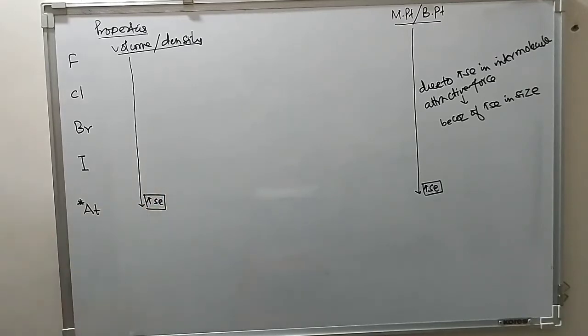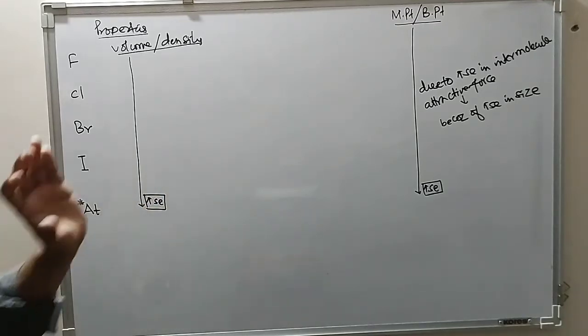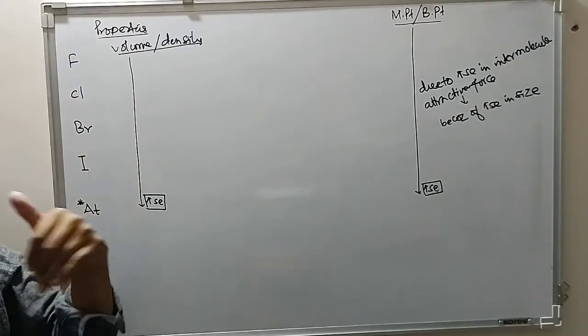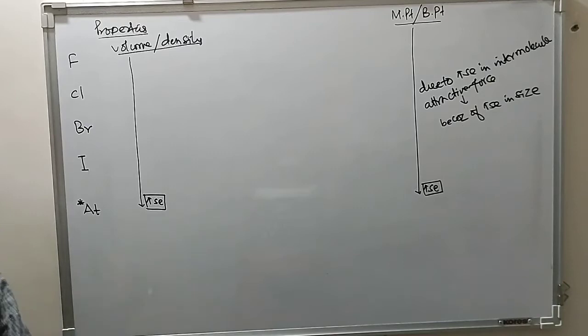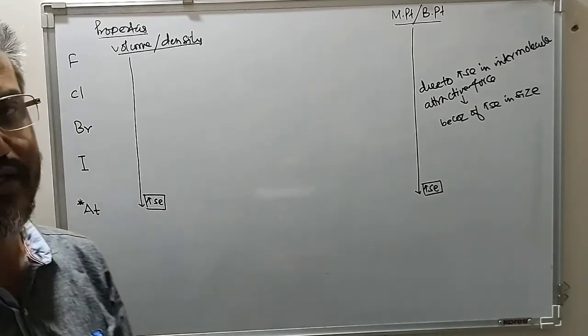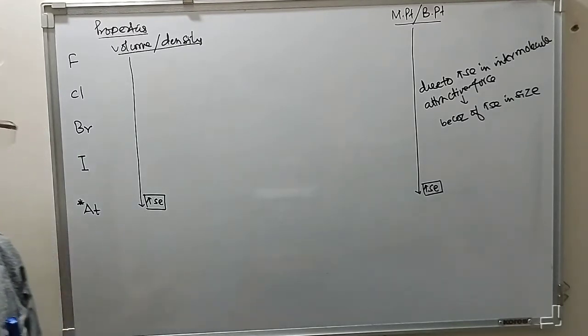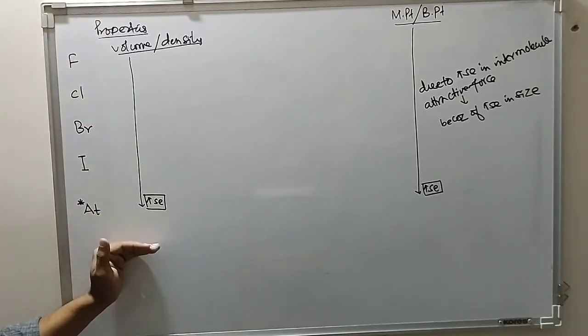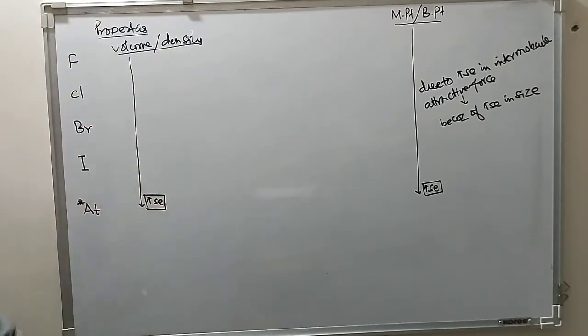So density as well as the volume of these elements increases down the group. Now you may ask, if volume is increased, then the density should have been decreased, because density is defined as mass per unit volume. Now moving down the group, volume of elements increases, but the density also increases.